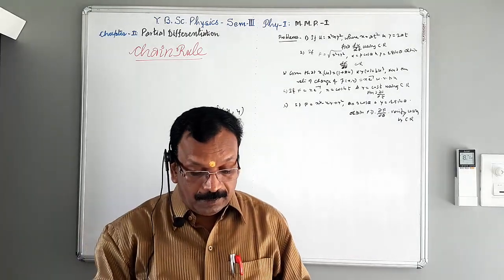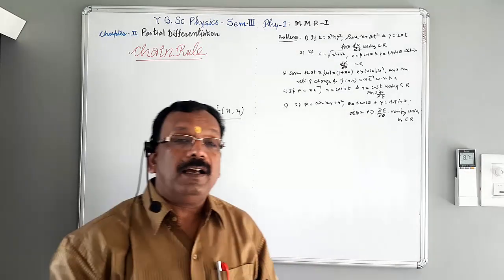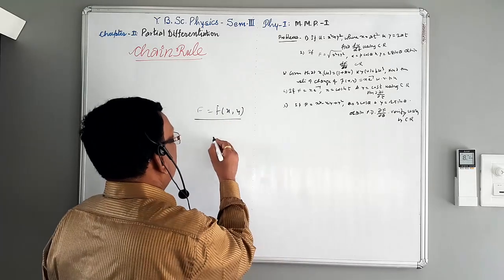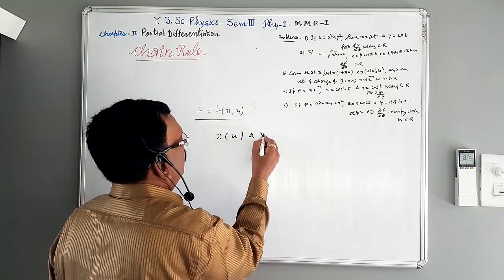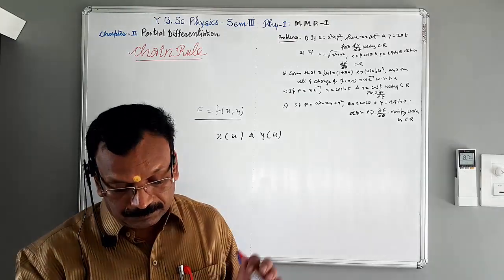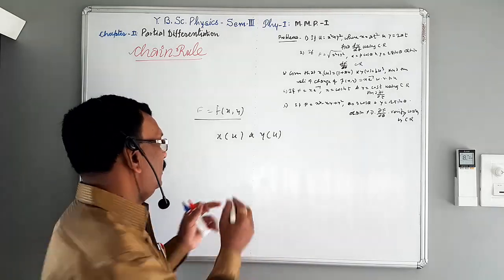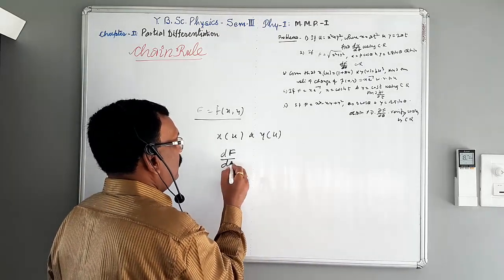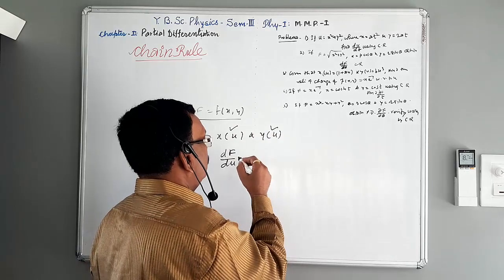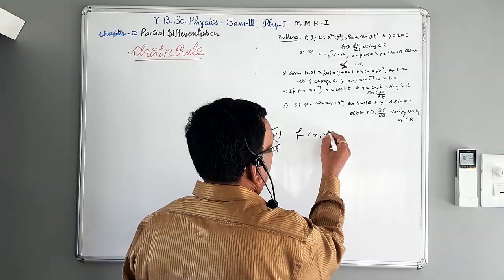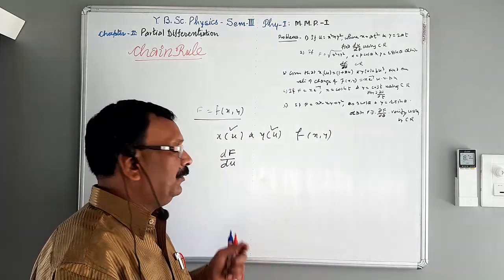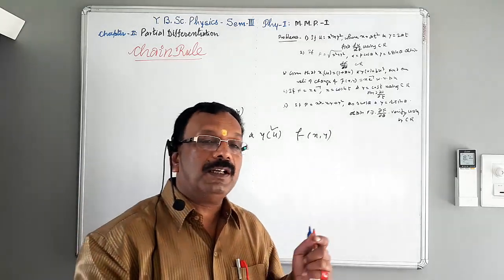Now we consider the case where x and y are themselves functions of another variable, like x of u and y of u. If we wish to find df by du, then we have to substitute the functions x of u and y of u in f of x, y, and find the differentiation of the given function with respect to another variable u.